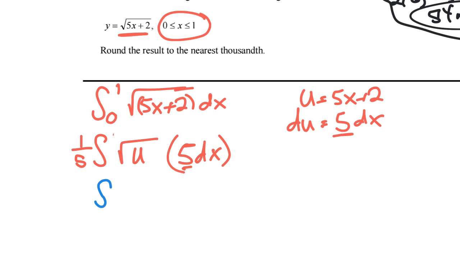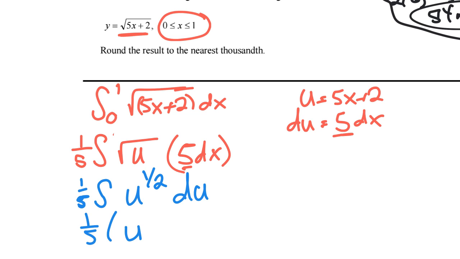So this is going to be the integral of 1/5 in the front, square root of u, I'm going to write that as u to the 1/2, and then du. This is 1/5 times, I'm going to increase it, so that's going to be 3/2, multiply by the reciprocal out front.